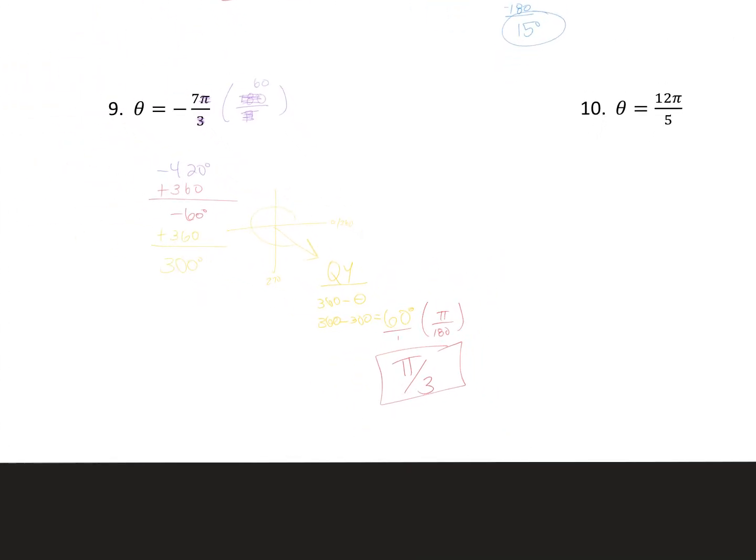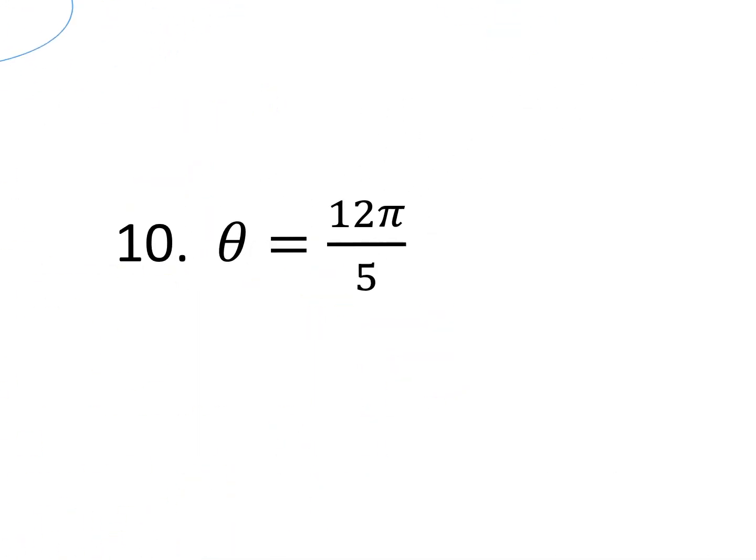Does that make sense? Again, we start here with 12 pi over 5. What's the easiest way to attack this problem? Let's go ahead and convert. If I convert, I have pi here and 180 here. My pi's cancel. 5 goes into 180 how many times? 36.